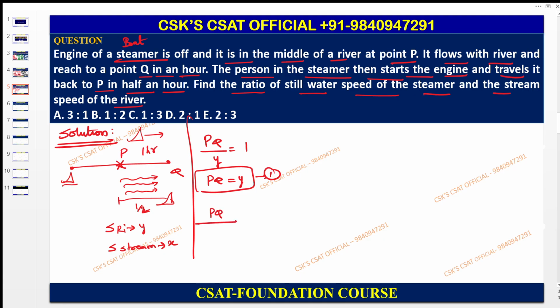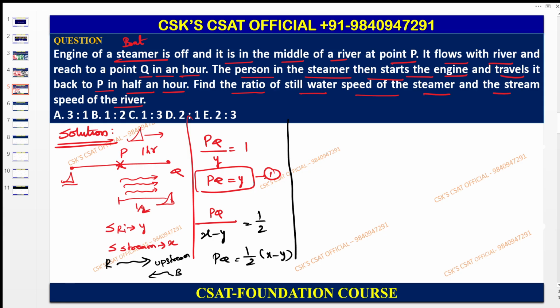But when returning, now try to understand, the river flows in this direction and the boat comes in this direction. So therefore this is nothing but upstream. When in the upstream, you need to subtract, right? So x minus y. Cross multiply: PQ is equal to half into x minus y. After knowing this one, cross multiply.